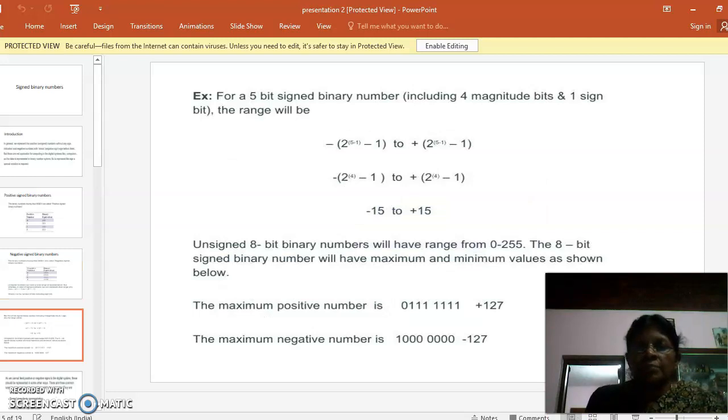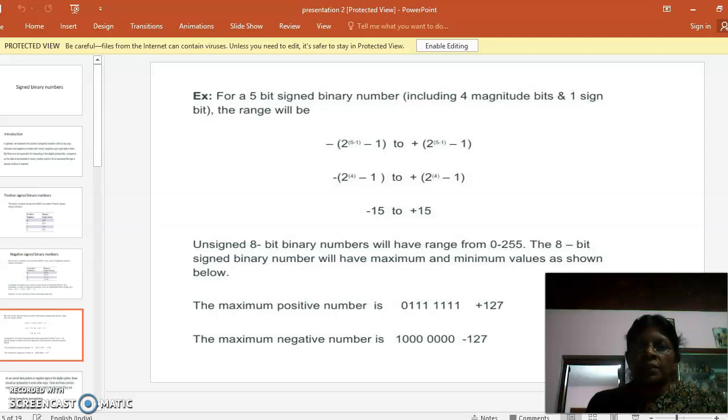Next, for example, for a 5-bit signed binary number, including 4 magnitude bits and 1 sign bit, the range will be like this, that is minus 15 to plus 15.